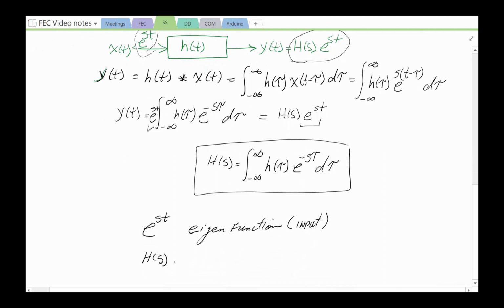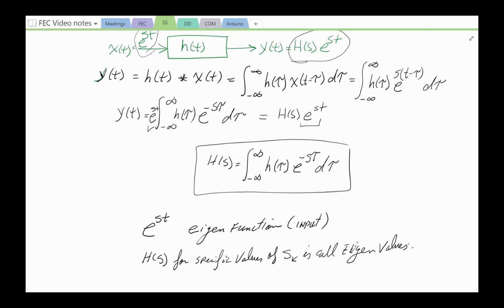So h of s for specific values of s of k is called eigenvalues. What is really happening is that at any given frequency, all you need to do is take the input, multiply it by the h of s at that frequency, and you get the output.